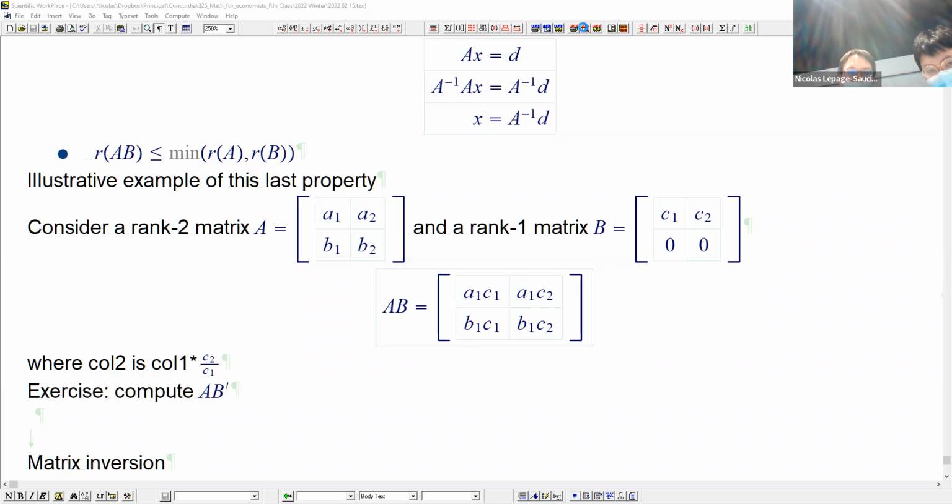Therefore, the system AX equals B, where X is just a vector of variables, has a unique solution, and it's X which is equal to A minus 1 B. So, did you miss that? I just thought this is the second step for this one, so they are not related.